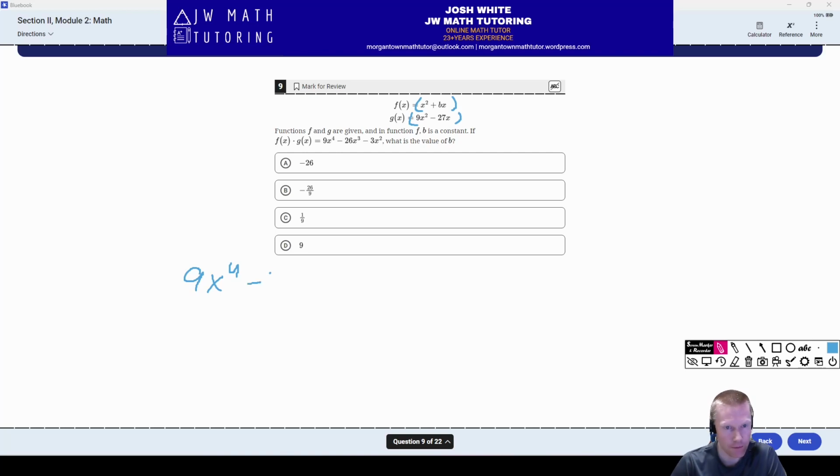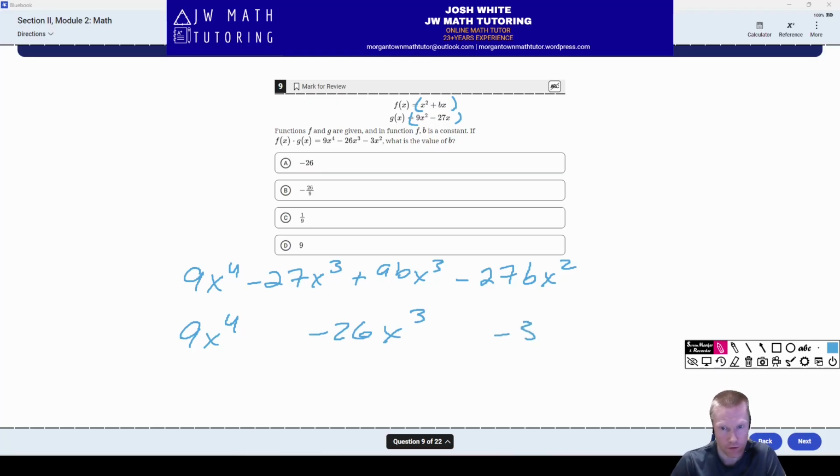The outers are going to be minus 27x cubed. The inners are going to be plus 9bx cubed. And then the last two terms, it's minus 27bx squared. Now this is equal to 9x to the fourth minus 26x cubed minus 3x squared.